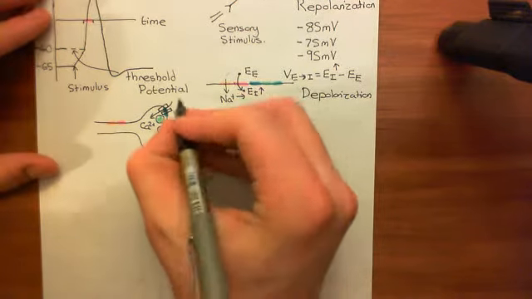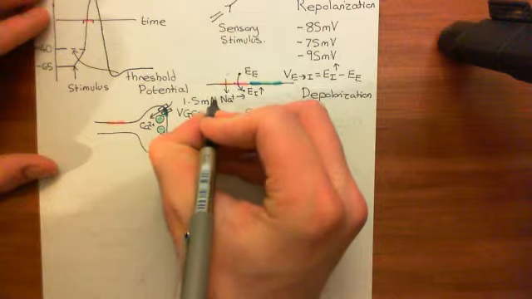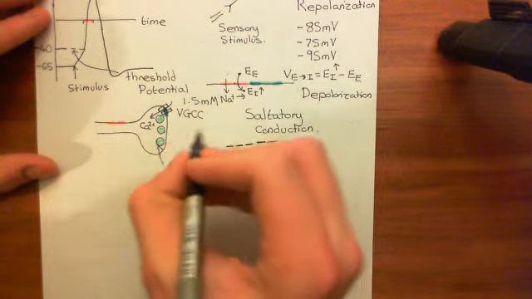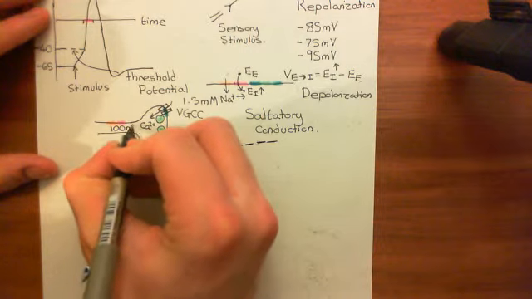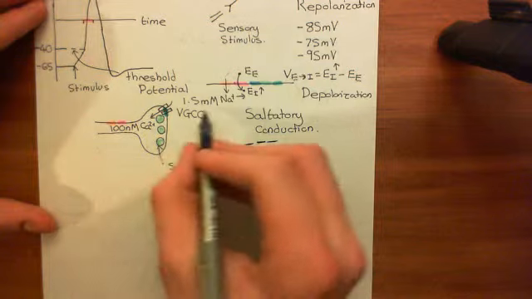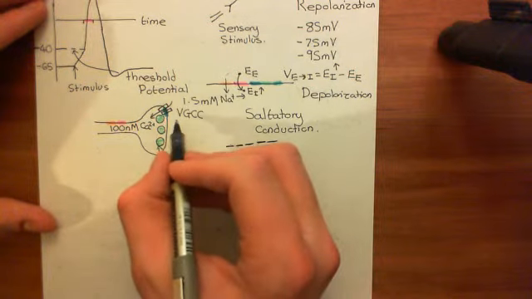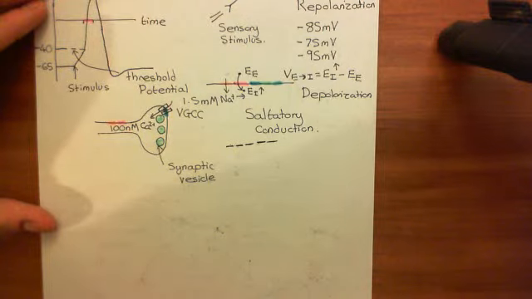And let me give you the reason why. The concentration of calcium in the extracellular fluid is usually around 1.5 millimolar. The concentration of calcium within the cytoplasm is around 100 nanomolar. That is a 15,000-fold gradient. That dwarfs the concentration gradients of sodium and potassium.